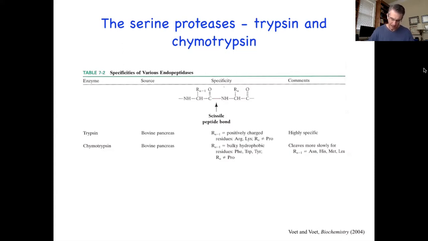So you'll remember that here's our substrate, our peptide that's going to get clipped. There's our bond, the so-called scissile bond that's going to be hydrolyzed. And on the amino terminal side of the scissile bond, meaning the amino acid that's contributing the carbonyl group to the amide bond, is where the specificity for the different serine proteases rests, the ones that have specificity.